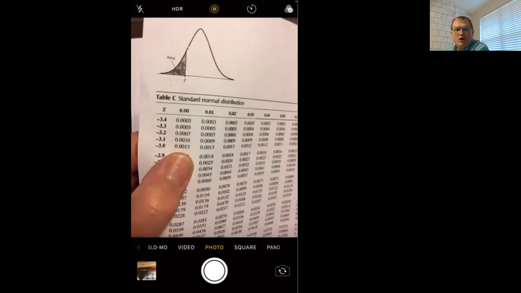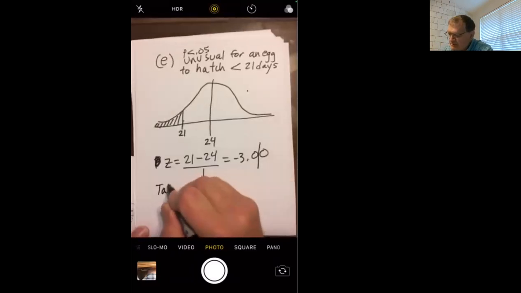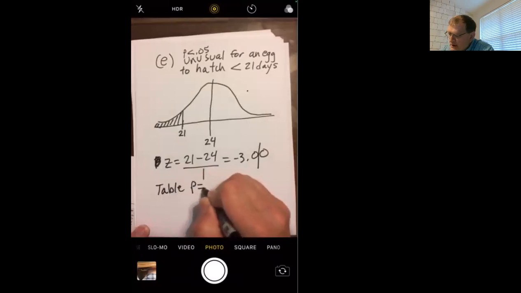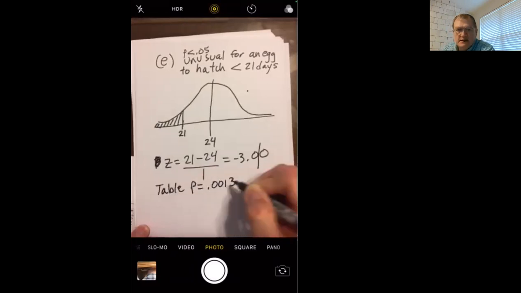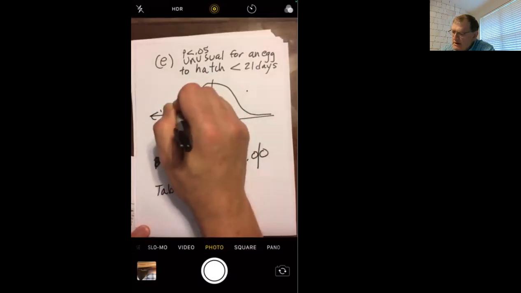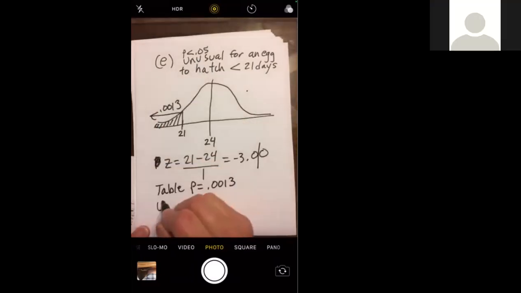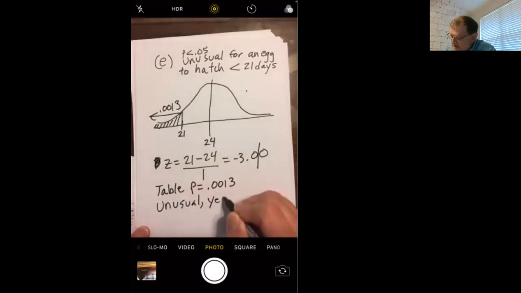From the table, it equals 0.0013, which is this direction. Clearly less than 0.05. Unusual? Yes, 0.0013 is less than 0.05.